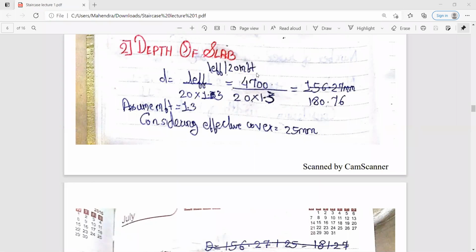Okay. So the effective cover, you have to take as 25 mm.